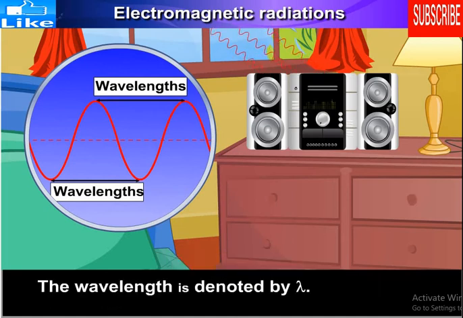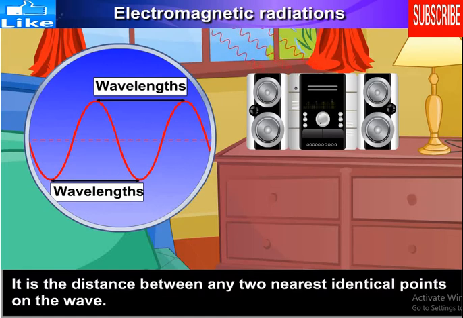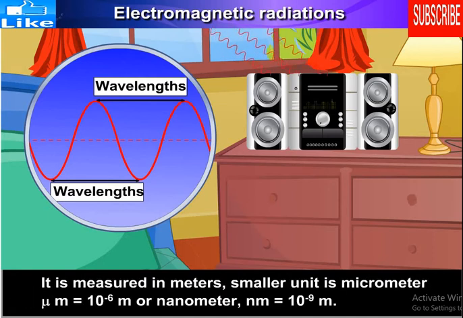The wavelength is denoted by lambda. It is the distance between any two nearest identical points on the wave. It is measured in meters. Smaller units are micrometer, μm, equals 10 raised to minus 6 meters, or nanometer, nm, equals 10 raised to minus 9 meters.